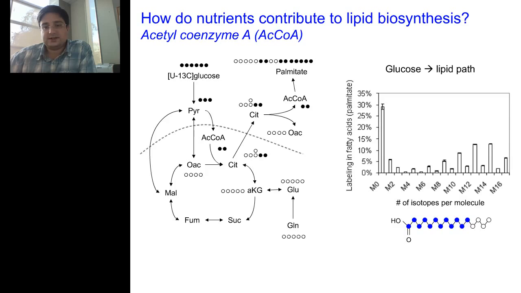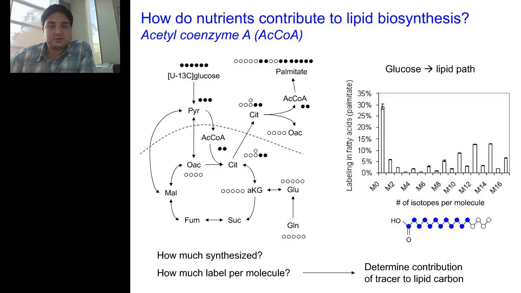And from this information, with some downstream modeling, we can get both how many fatty acids were newly synthesized, and, by knowing the number of isotopes per molecule, we can determine the contribution of our tracer, glucose in this case, to the lipogenic acetyl-CoA pool.